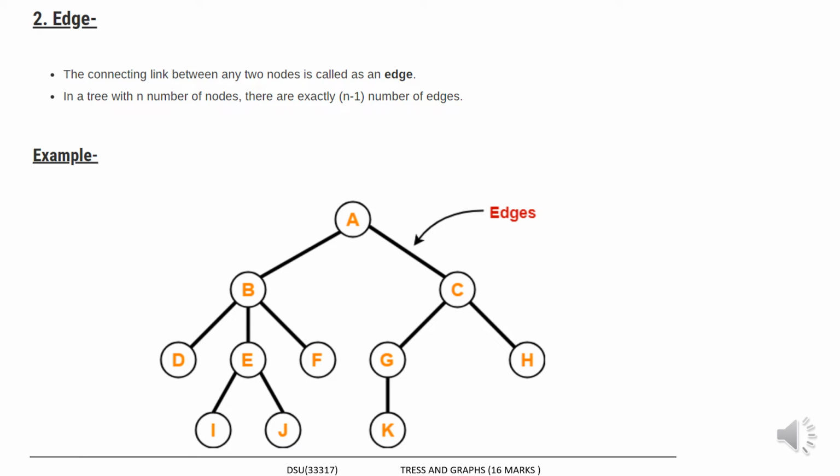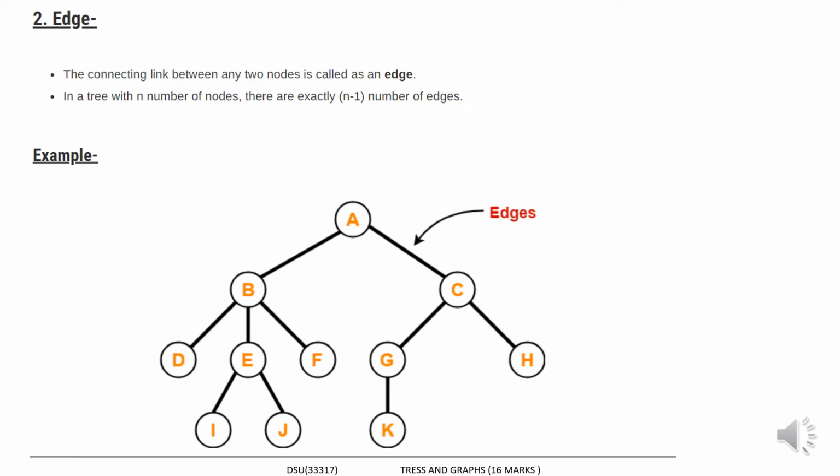Now the second terminology is edge. The connecting link between any two nodes is called an edge. In a tree with n number of nodes, there are exactly n minus 1 edges. In this tree, there are different edges: from A to C, from B to D, from B to F, and from E to J. In every tree, if the total number of nodes is n, then the total number of edges is n minus 1.